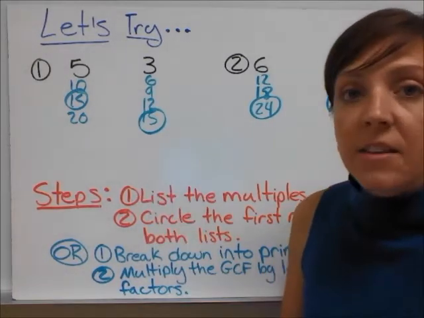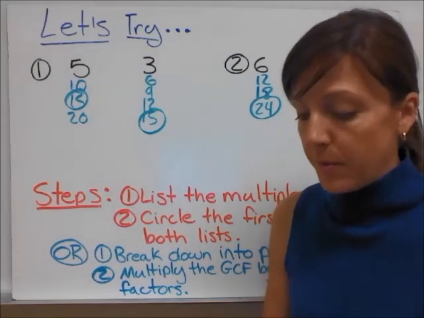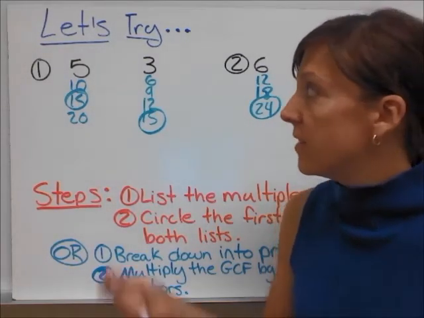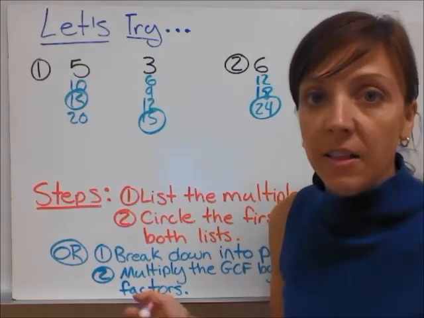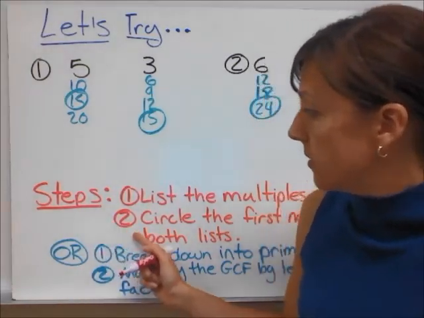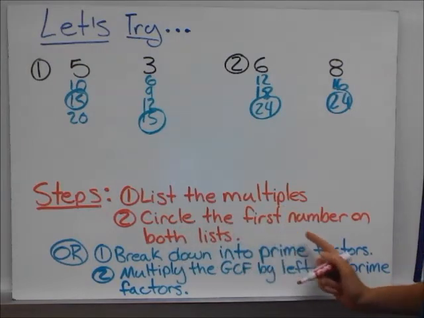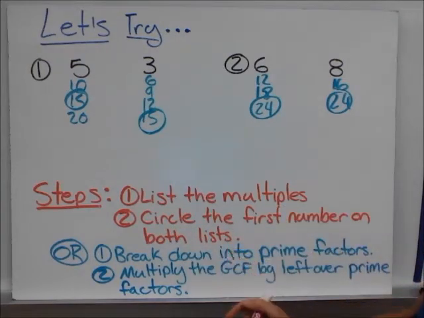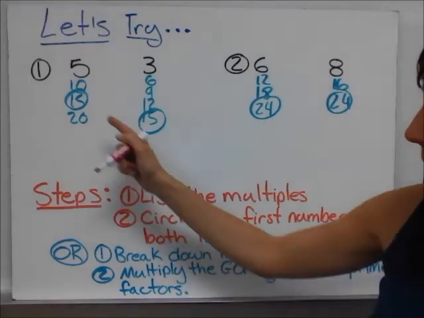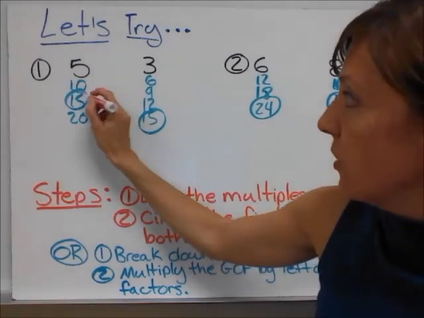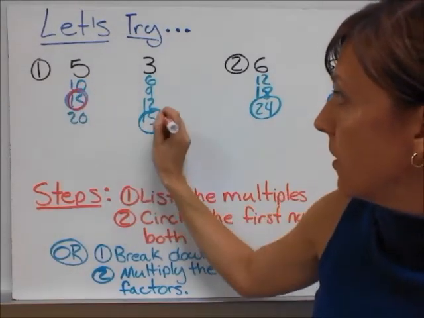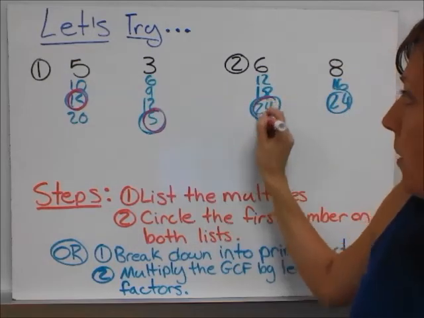Now, there is another way to find the least common multiple. The steps that we just took in finding the least common multiple are these. List the multiples, circle the first number on both lists. So we listed the multiples and we circled the first number that was on both of the lists.